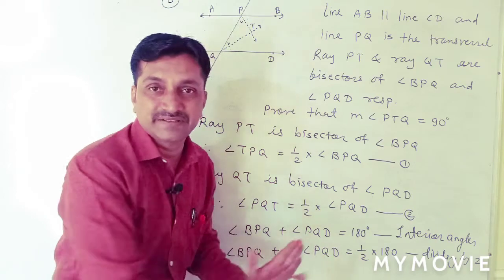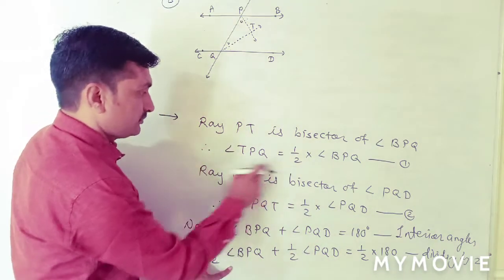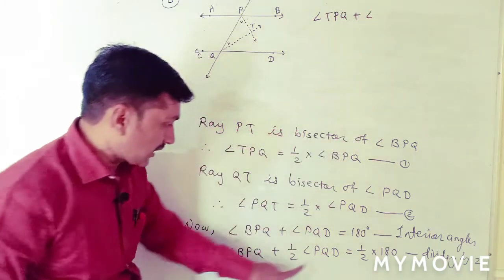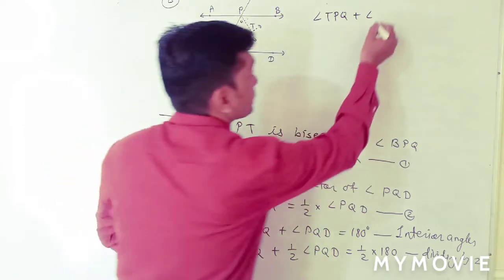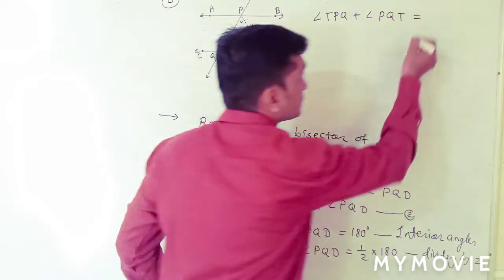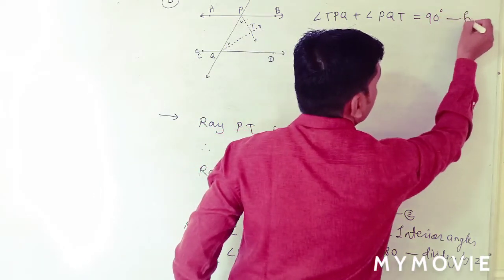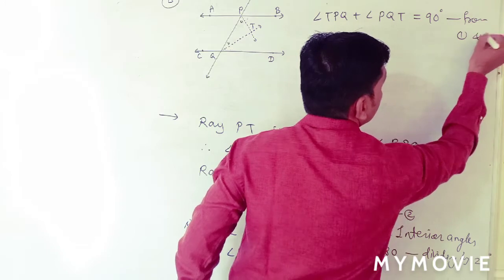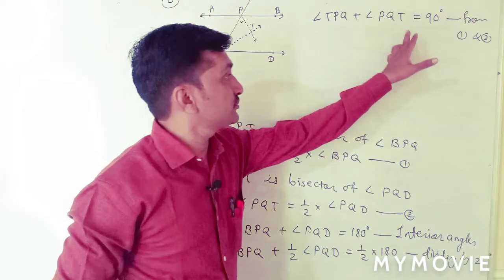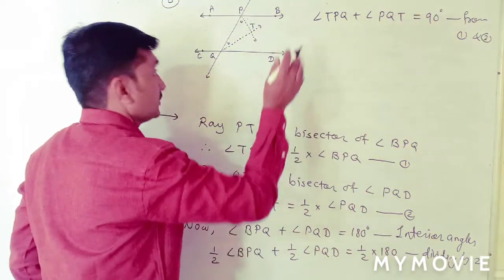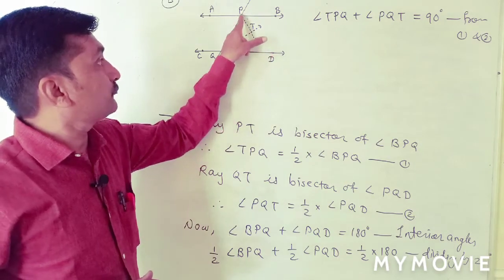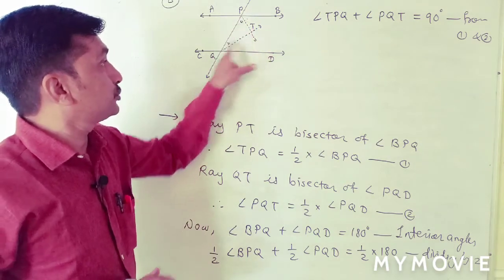Angle TPQ plus angle PQT is equal to half of 180, which is 90 degrees, and from 1 and 2 we got the sum of these two is 90 degrees. But we want PTQ. We have to prove PTQ is 90.